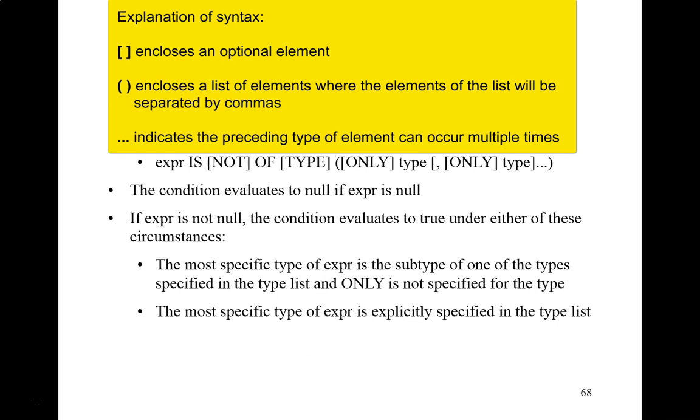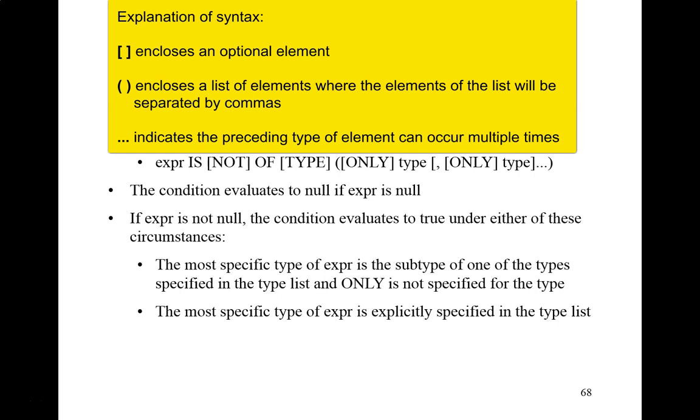We include the syntax here, where expr would be the expression that we're trying to evaluate to see if this is of some particular type. The condition evaluates to null if this expression is null. However, if the expression is not null, the condition evaluates to true under either of the following circumstances.